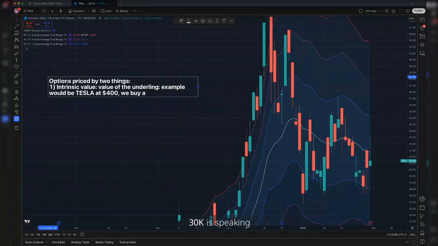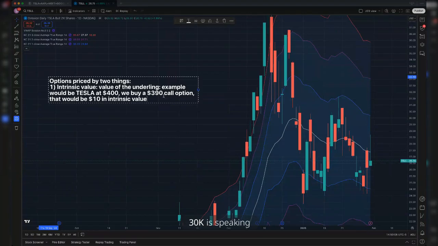We buy a 390 call option, and that would have $10 in intrinsic value. Do you all understand what I mean by that? Yes. Okay. Number two is extrinsic value, and this is what we call premium.